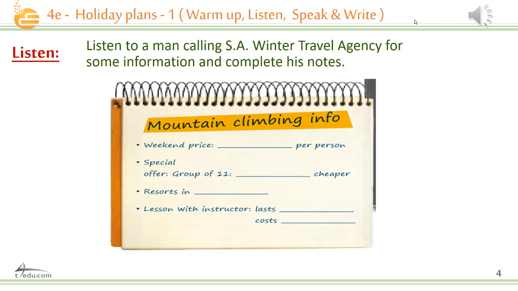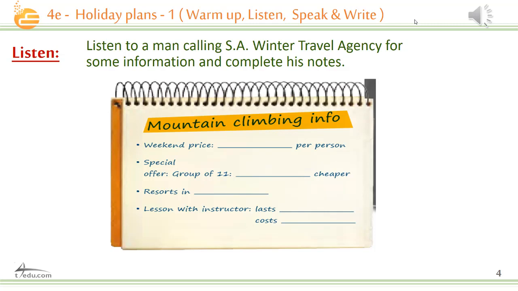I saw your advert about winter breaks in Saudi Arabia, and I'd like to ask a few questions. Certainly. What would you like to know? I just want to go for a weekend break somewhere. Could you tell me the price for an average weekend break? Well, most trips are about 1,500 Saudi Riyal. That's per person, isn't it? Yes, that includes accommodation and mountain climbing passes.